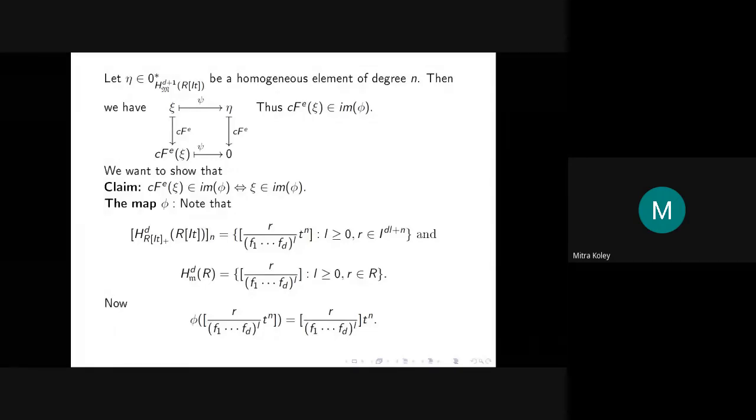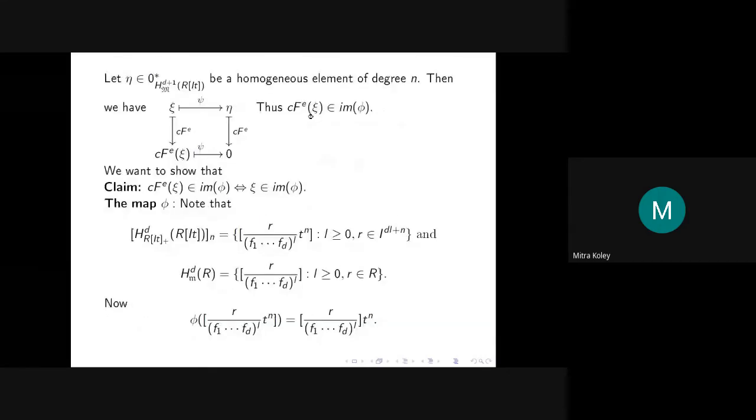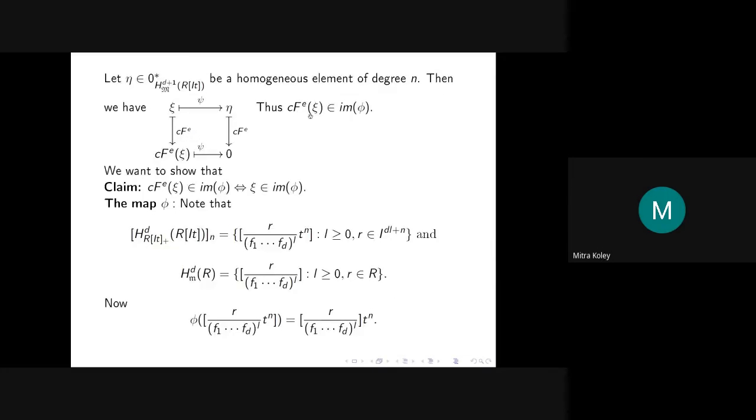Now let's see what the map phi is. The phi is the left horizontal map. Note that f1 t, f2 t, ..., fd t generate R[It]_+ up to radical. Hence H^d(R[It]_+)_n is the set of all elements of the form r over (f1, f2, ..., fd t)^l, where l is bigger than 0, in degree n.